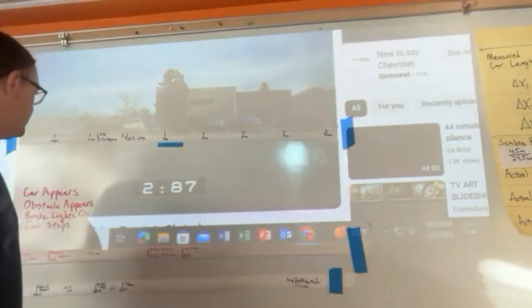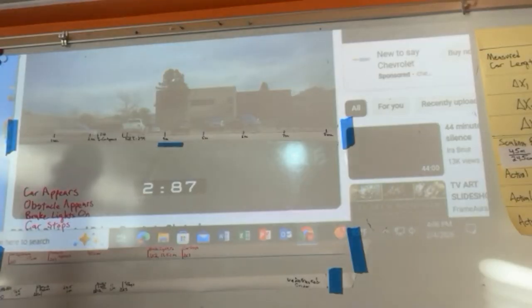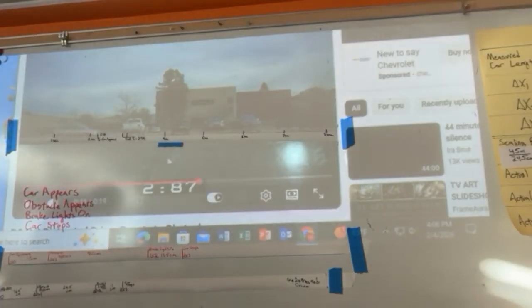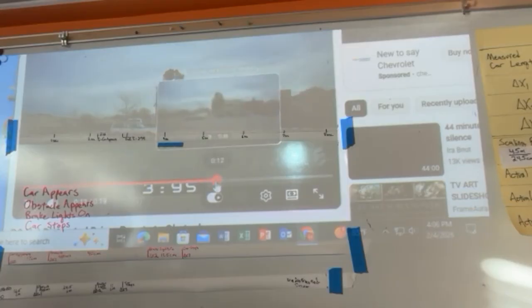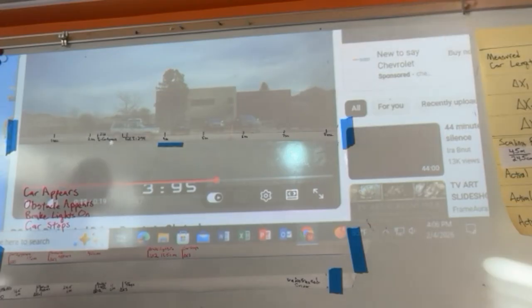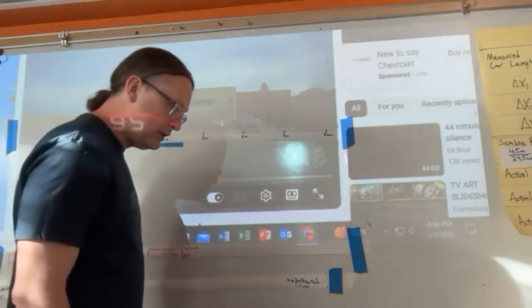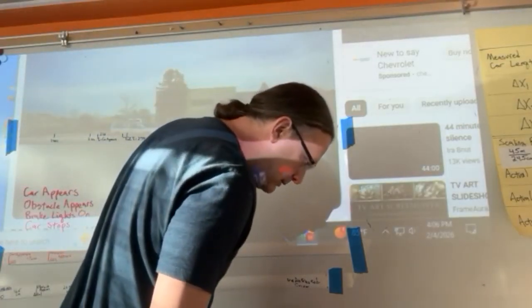Now, when do the brake lights come on? It was right while the truck, right there, before the truck. So I see 3.95 as the brake lights coming on.